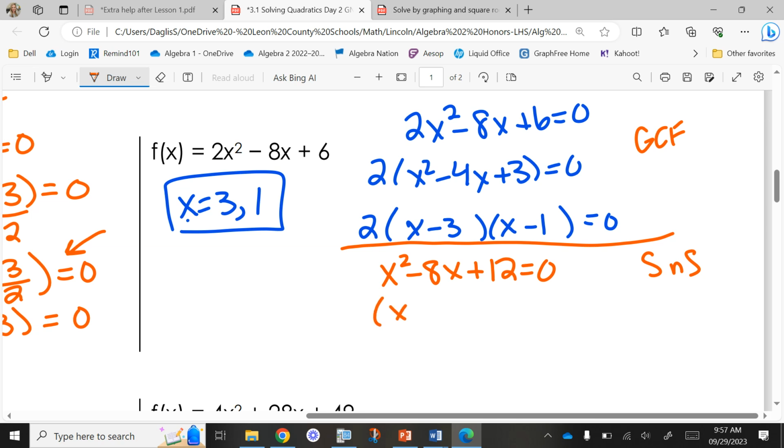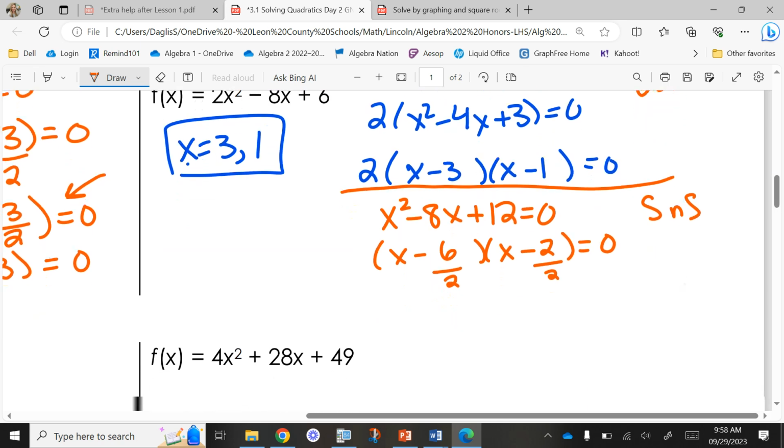All right, what multiplies to give us 12 but adds to give us negative 8? Negative 6, negative 2. Then we're going to slide the 2 back out. What is 6 divided by 2? And then we get x equals 3 and 1.